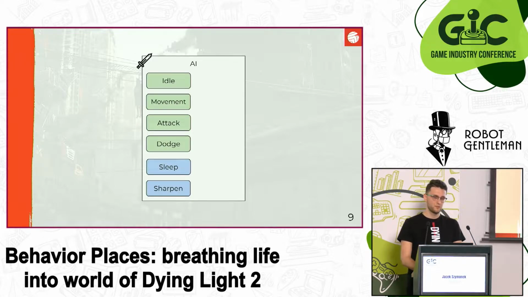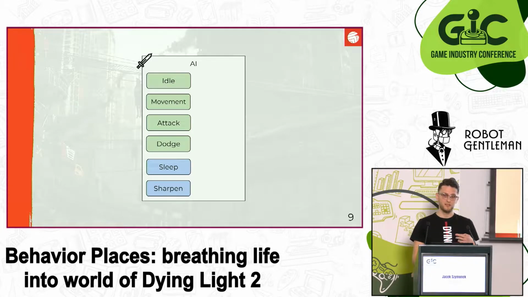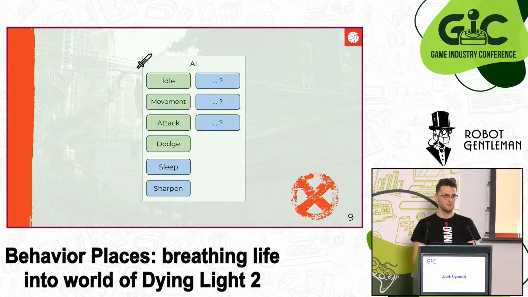Now, imagine that we would like to create 20 locations with 20 unique behaviors each. So this quickly amounts to 400 behaviors, each of them programmed separately, and most of them used in a single place in the entire game. As you can probably tell, this doesn't scale well. We need to figure out a different, more data-driven solution.